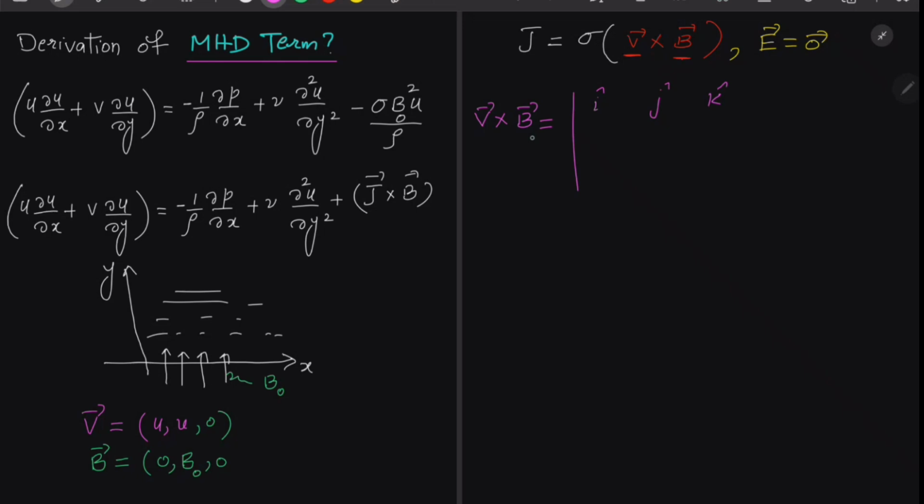In the conduction current, we have sigma as well. So J will be written as sigma B naught u k unit vector. It means that J is in the k direction. But we are not finished yet. We have to take the cross product of J with B so that we get the Lorentz force.